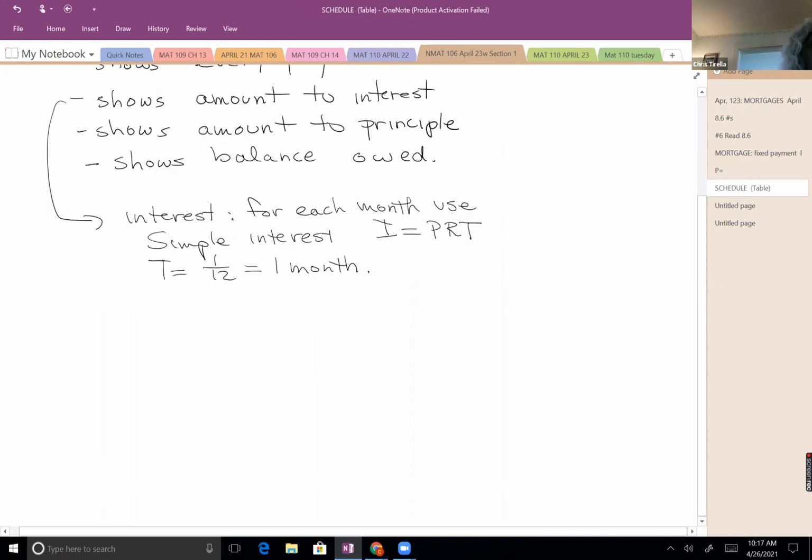And what this does is it shows you that with each successive payment, the amount of interest goes down and the amount that goes to the principal goes up. As the amount applied to the principal increases, it makes sense that your interest amount would decrease.